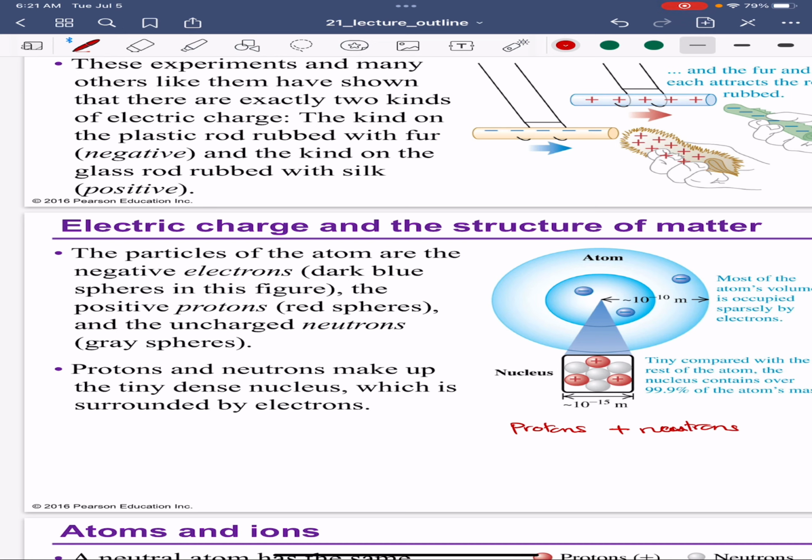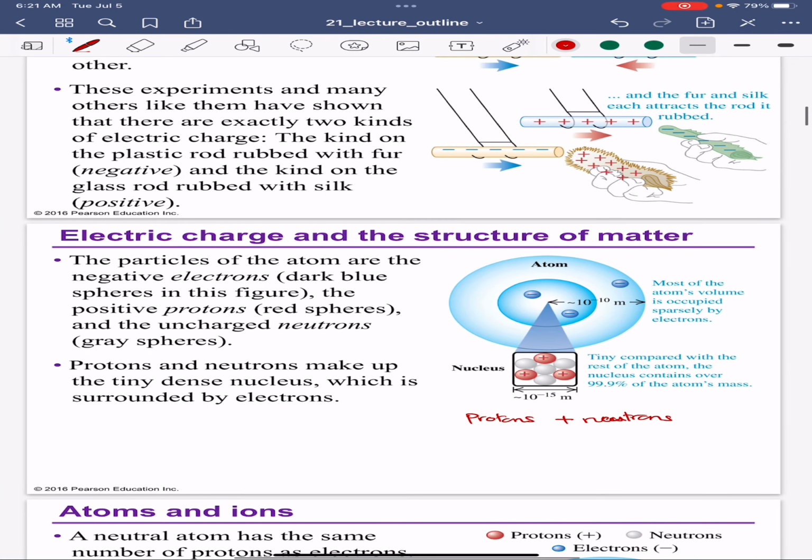The nucleus is a very concentrated object inside the atom, which has protons, which carry positive charge, shown in red here, and neutrons, shown in gray, which don't have any charge. We also have electrons, which go in orbits around the nucleus and have negative charge.